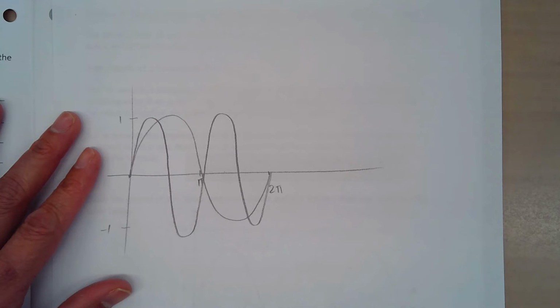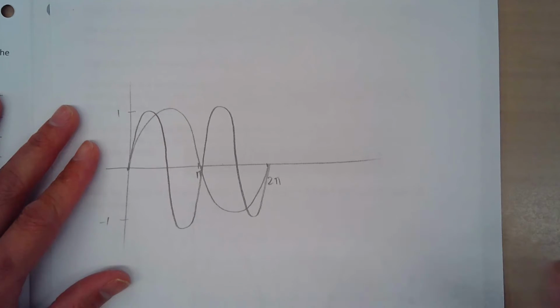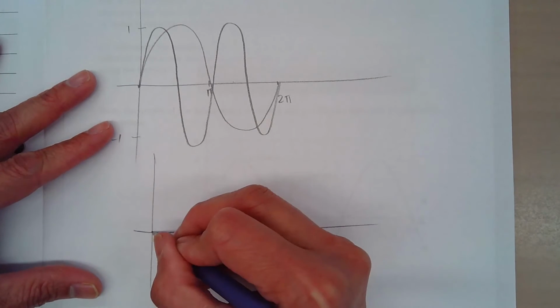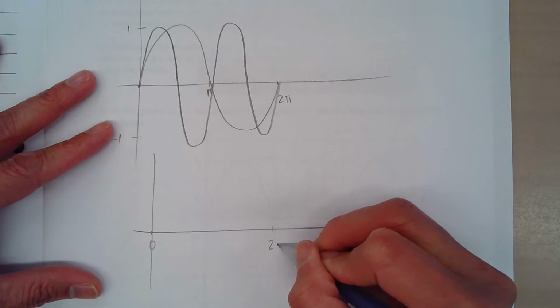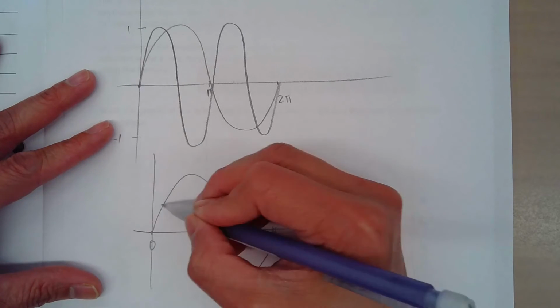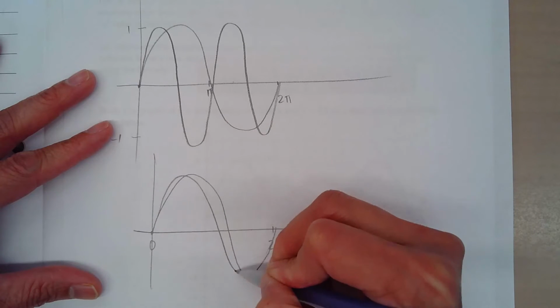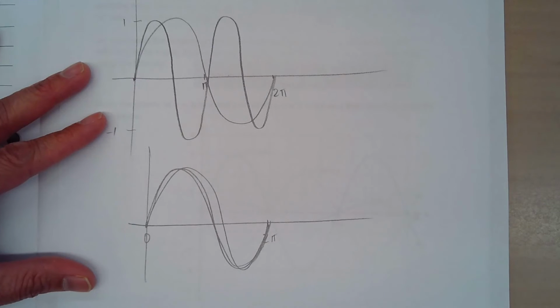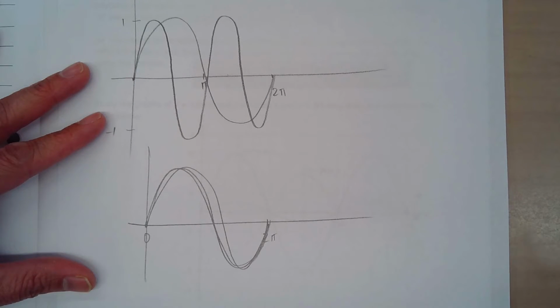Right? That's what compression is. Can we stretch it? Yeah. So it's from here, 0 to 2 pi. This is what the graph looks like. Oh, that's ugly. Try it again. Can I stretch that? I could.